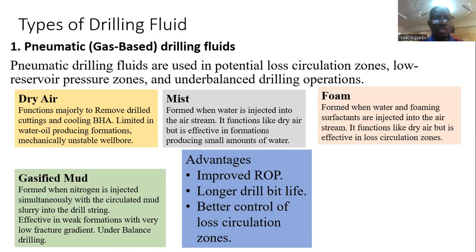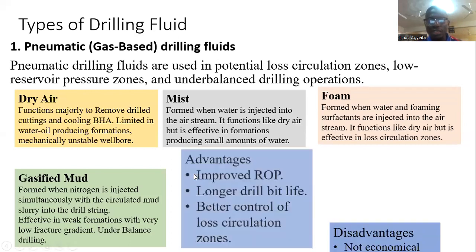But when you use pneumatic drilling fluid, it helps to prevent the wear and tear of the drill bit and extend the life of the bit. Then we also have better control of lost circulation zones.